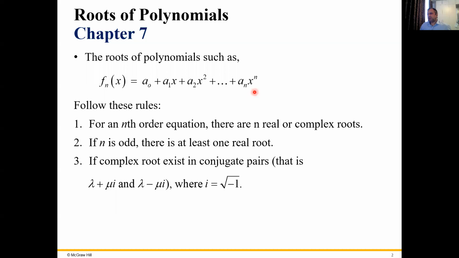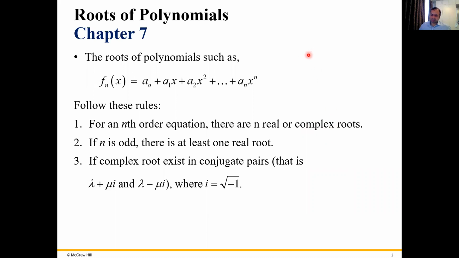Okay, and the types of roots can be either real or complex or both. For example, if there are 3 roots, all 3 can be real roots, or there will be one real root and 2 complex roots, because the complex roots always occur in pairs, the conjugate pairs.